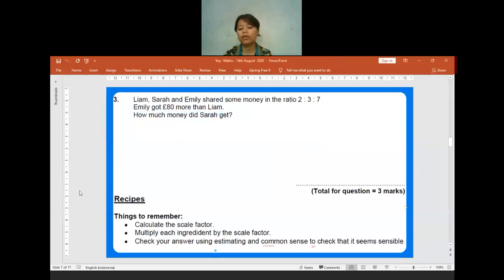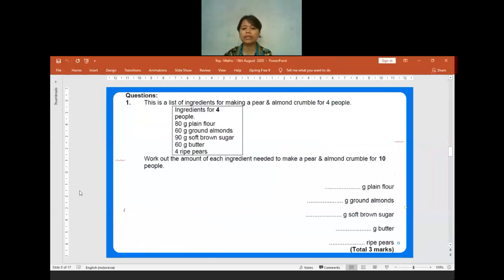Usually ratio is used when we are going to make any mixture, maybe for building a house, or we want to make a cake. We are going to follow some ratio, like the ratio in a recipe for making cakes.